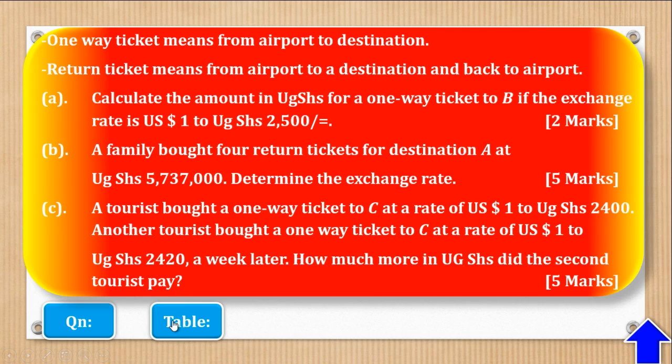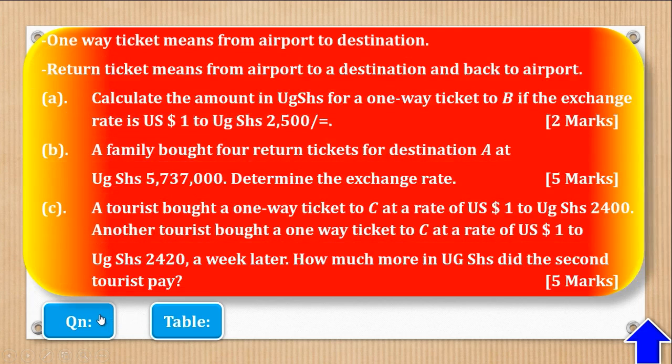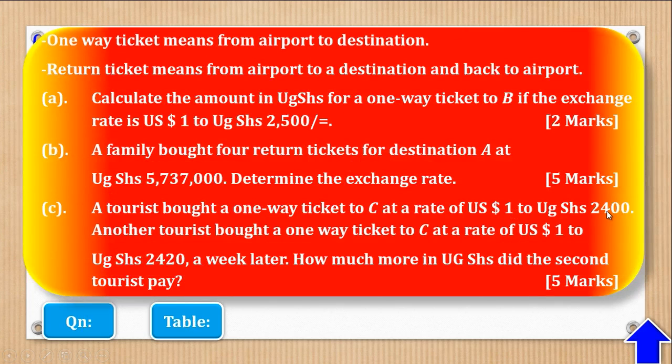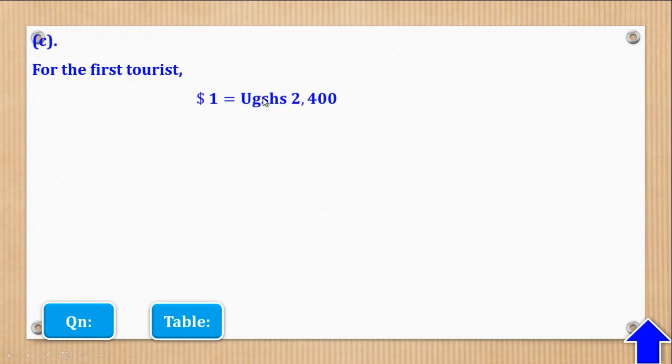So first of all, you have to go back to the table and find out for C, one-way ticket costs $380 US. Therefore, you'll come here and say that for the first tourist, the rate was $1 to 2,400 Ugandan shillings. So $1 is equal to 2,400 Ugandan shillings.